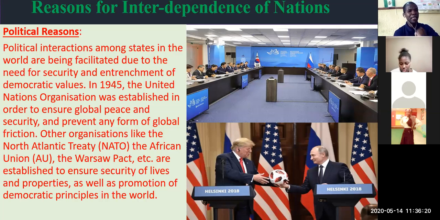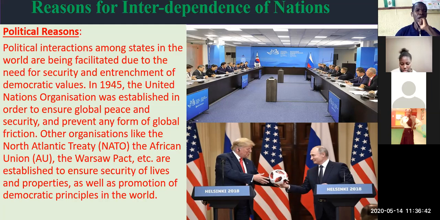We have the United Nations Organization established in 1945. We have the North Atlantic Treaty Organization. Don't forget the NATO. NATO is meant for countries that practice or operate on capitalism.